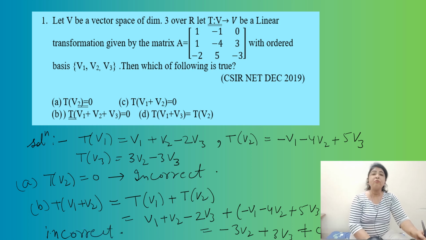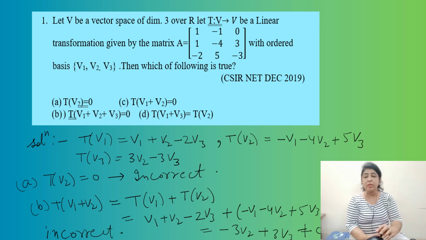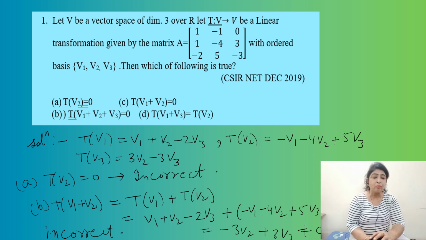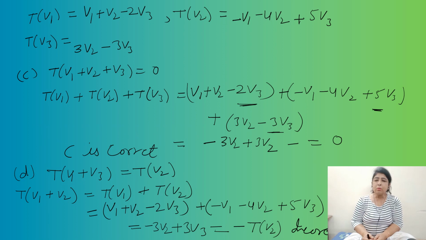Now we have to check the third and fourth conditions. T of V1 is V1 plus V2 minus 2V3. T of V2 is minus V1 minus 4V2 plus 5V3. T of V3 is 3V2 minus 3V3.